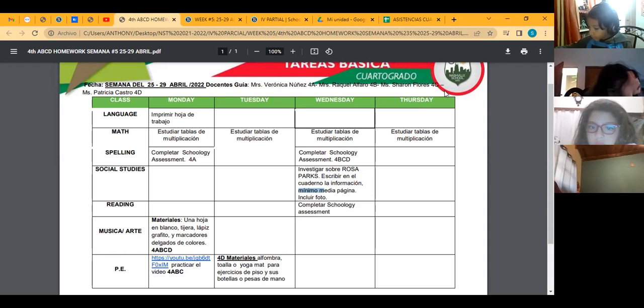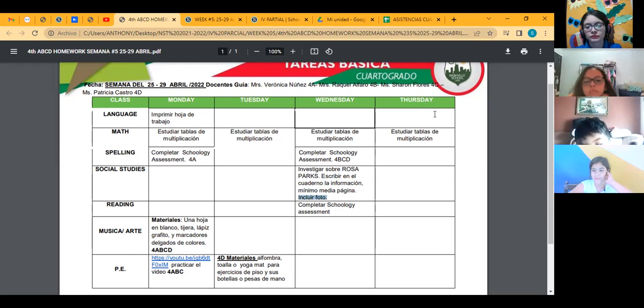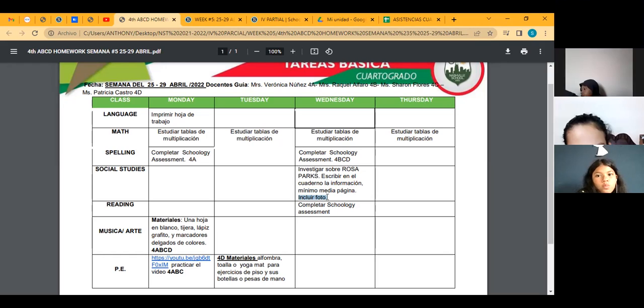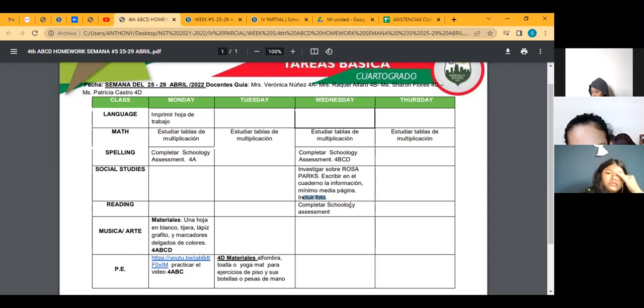No less, not just 1 line, no solo un renglón, 2 renglones, at least the half of the page of your notebook, or 1 page, you can write it down. And you need to include the photo. If you cannot print the photo, try to draw this girl, Rosa Parks. Okay, so you can write 1 page or the half, yes, Khalid, it's okay.